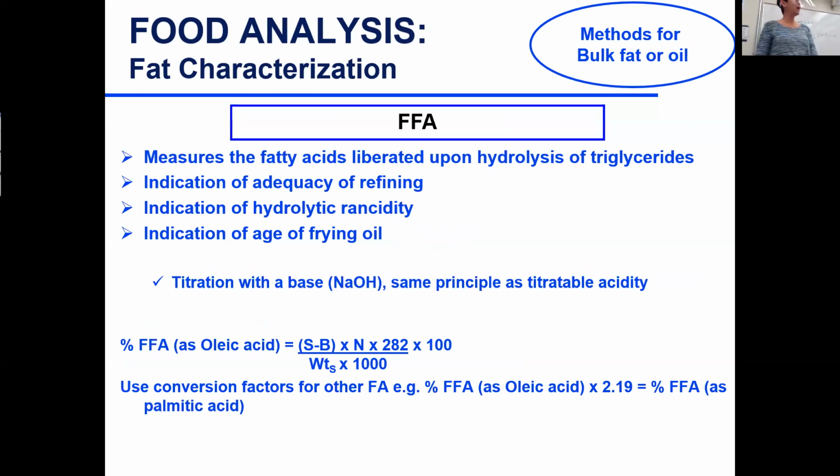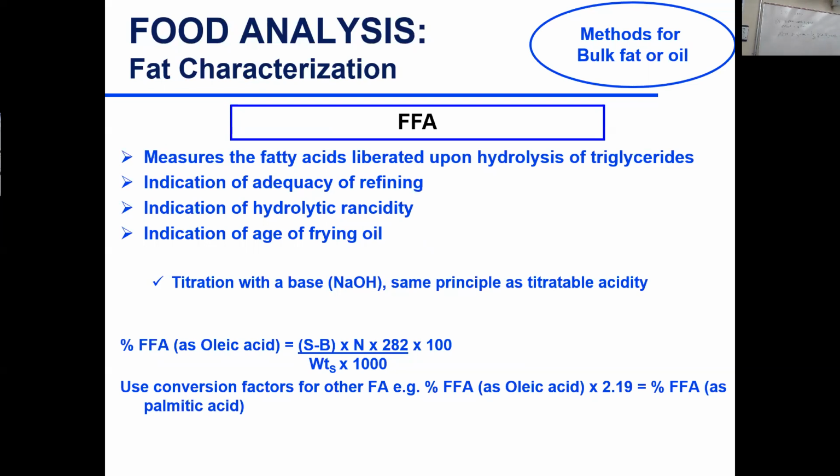Okay, so free fatty acids. It's a measure of fatty acids liberated upon hydrolysis of triglycerides. In crude oil, sometimes we have free fatty acids because you might have endogenous lipases in the seed that might hydrolyze triglycerides into free fatty acids.